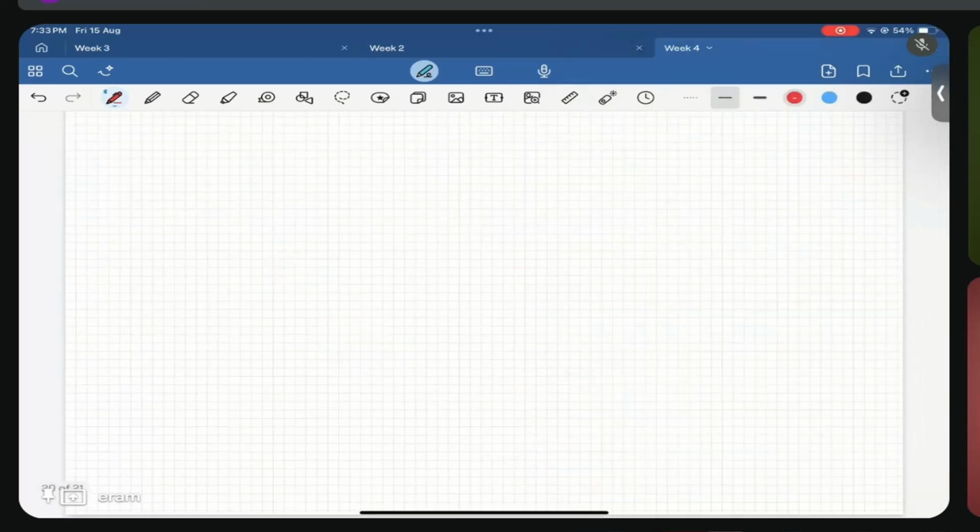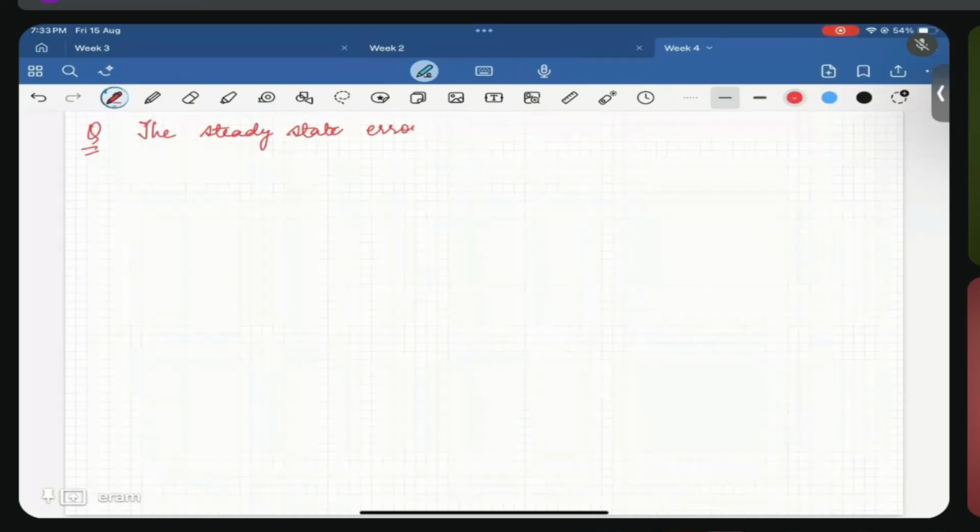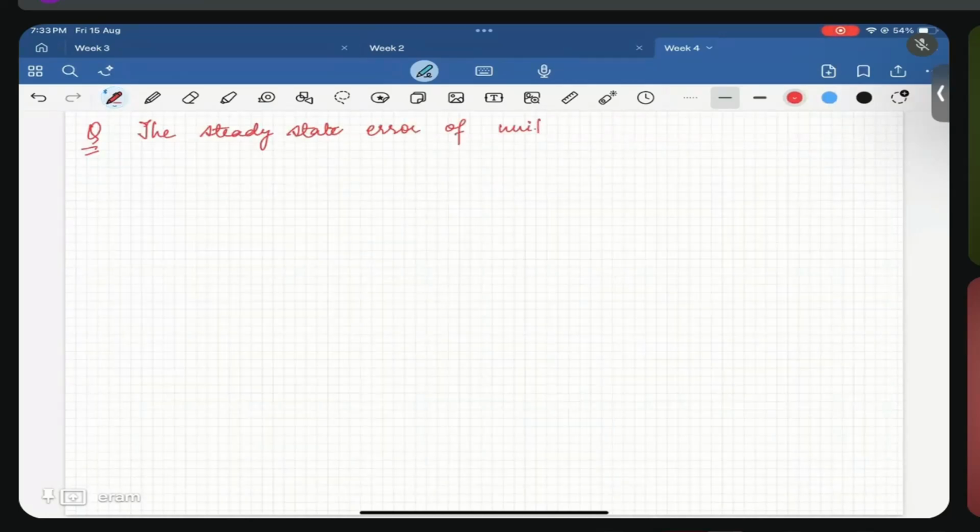now another question, we still have time. Okay, the steady state error of a unity feedback system for unit step input is 0.1.